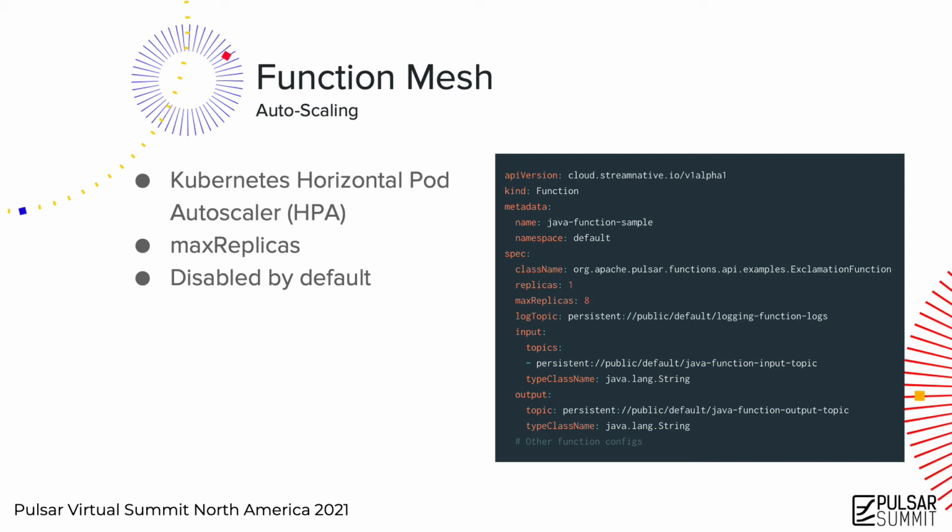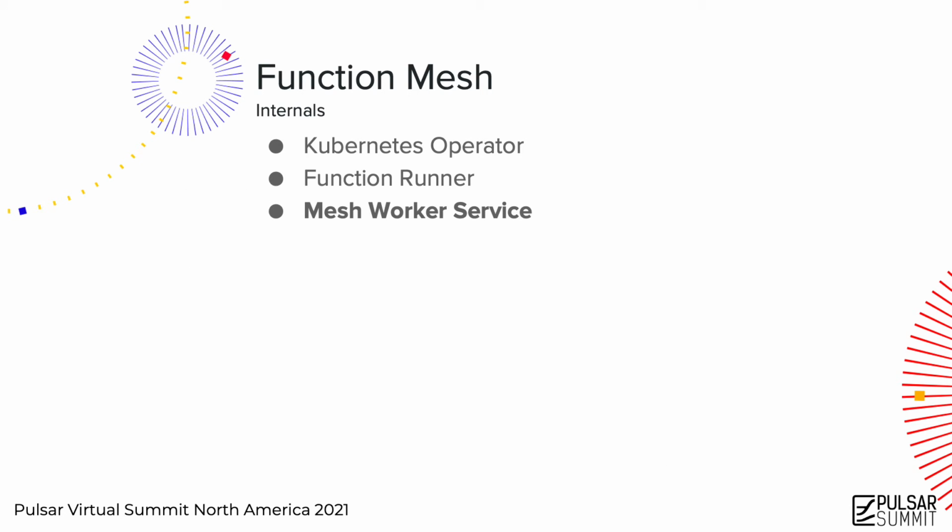When users submit a CRD with max replicas, like this example shown, we set the max replicas to 8, and then the HPA controller will monitor the related pods to determine if it needs to change the number of pod replicas. Currently we support monitoring based on CPU usage.